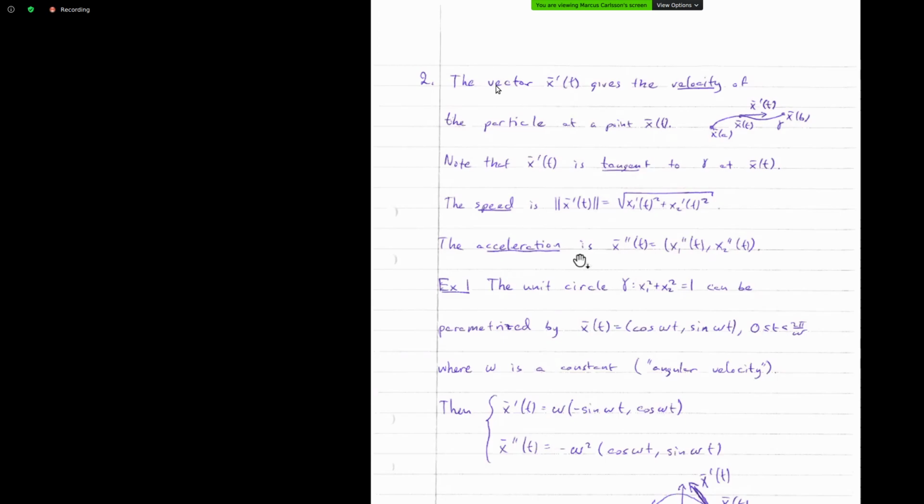Now, of course, this can be iterated. So if you now look at the velocity at two different points, which are very near, divide by the time difference and take a limit there, then we get acceleration, yeah? That's the change in velocity. So again, that's a vector quantity just obtained by differentiating twice.